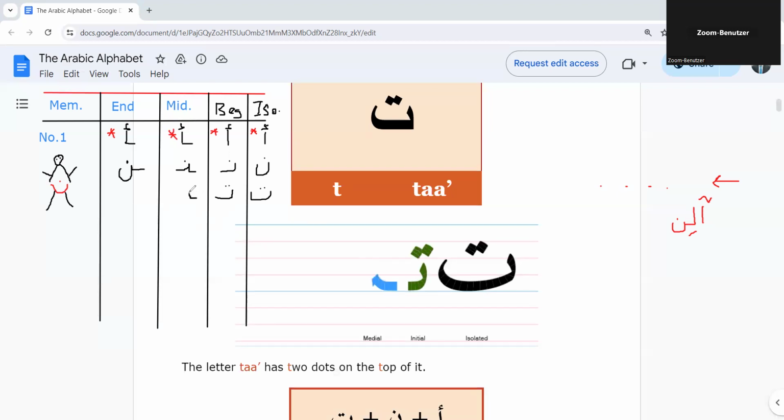The same here with the connector. And at the end, it's always on the line, above the line. And sometimes we connect the 2 dots, by the way. So we can do it this way. Okay, great. So we can write down that it's 2 dots on top.